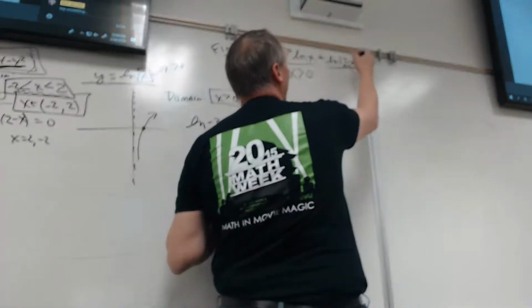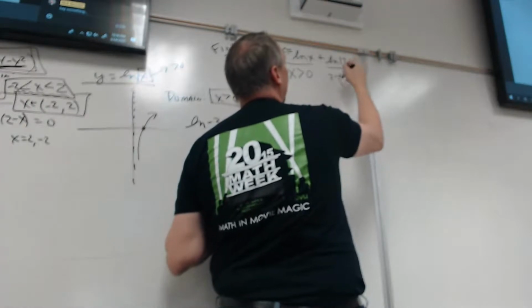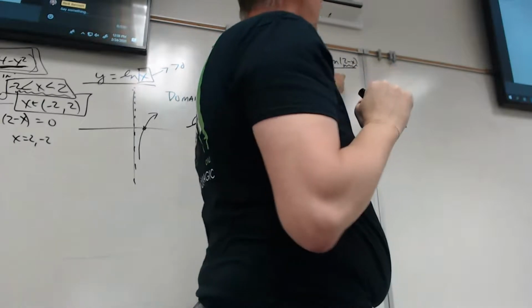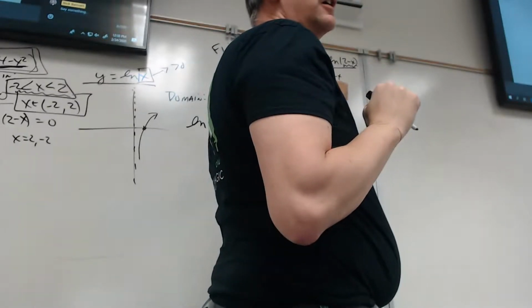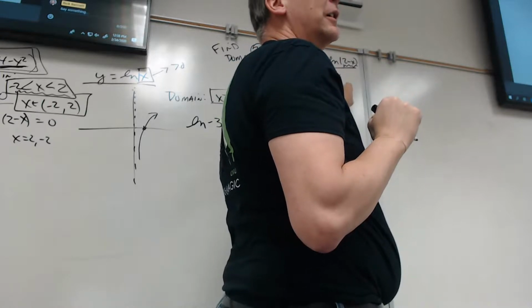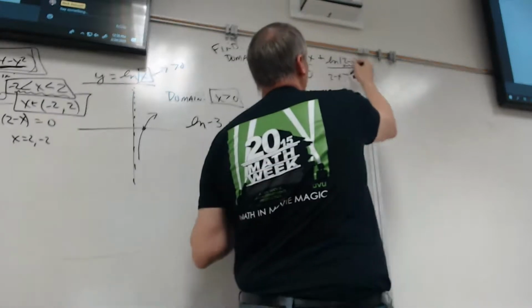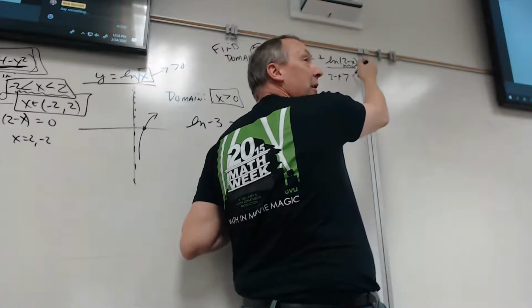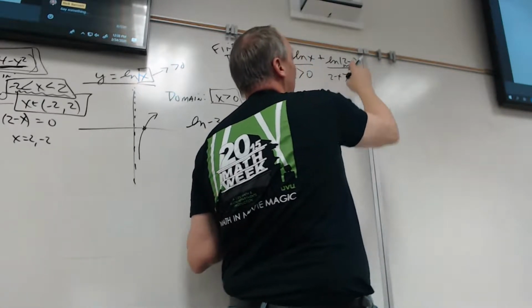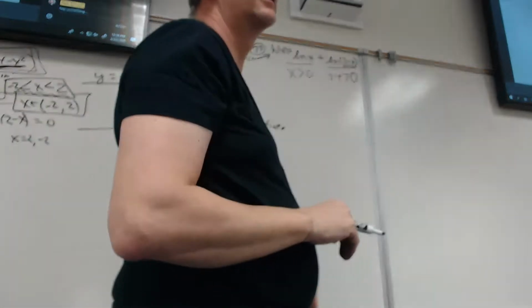Remember, this piece here, 2 minus x, must be positive, right? And it can't be 0. So what should I put here? What would symbolize positive? Greater than. 2 minus x must be greater than 0.